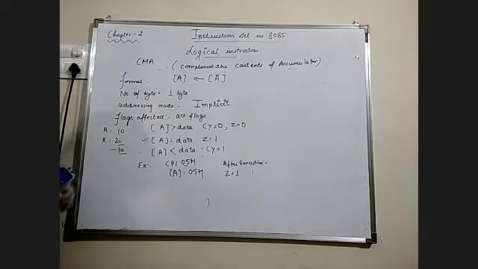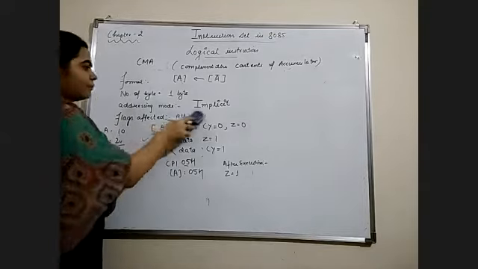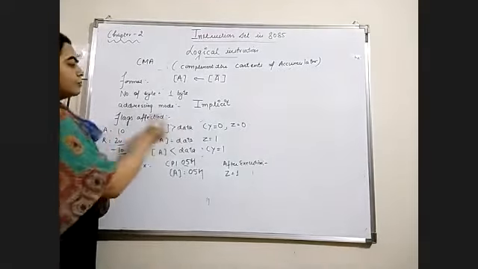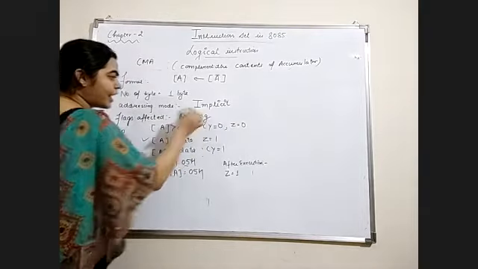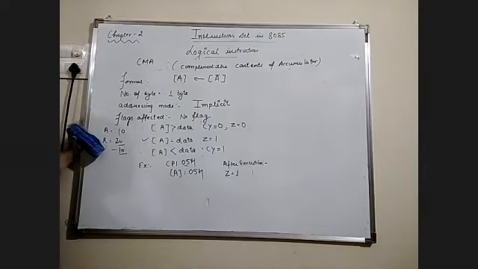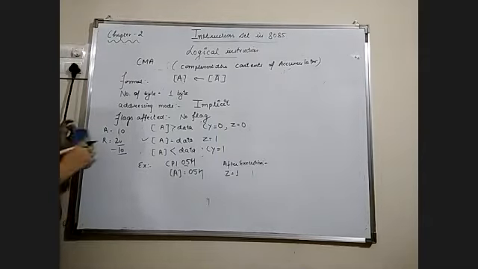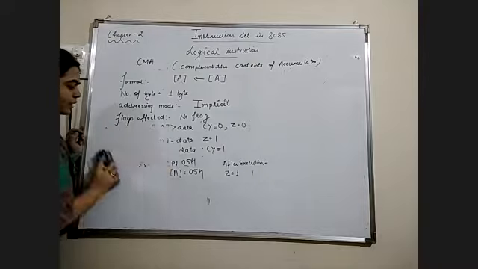Now we can see the flags affected. After the execution of CMA, no flags will be affected. The value of the flags remains unchanged after the execution of the CMA instruction. We can see the example.